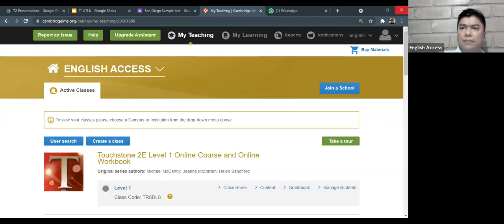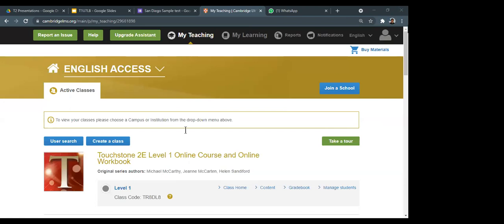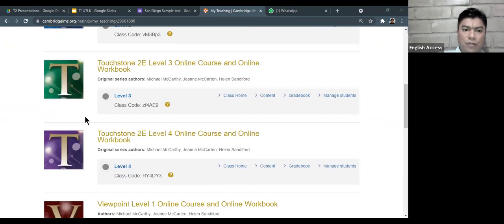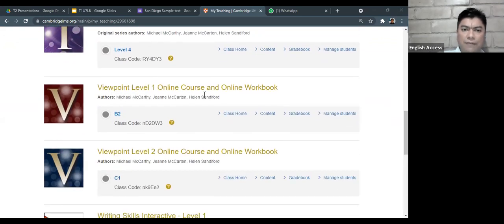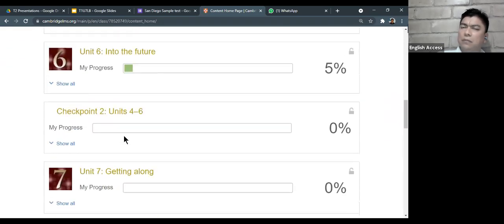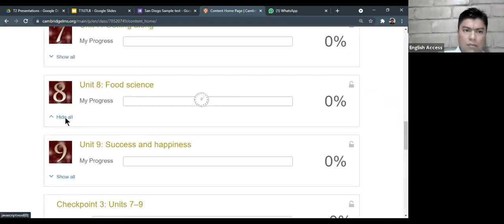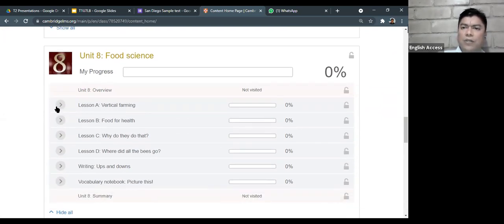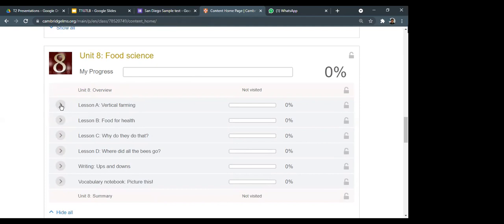There. Can you see it, guys? Of course, I have all of these books in my account, level 1, level 2, 3, 4, and what we're seeing is this level 5. So I'm going to click on B2, and I wait for it to load up, and I have all the units. We are in unit 8, lesson A, so we have vertical farming. Now, Leslie, can you listen okay? Okay, perfect.